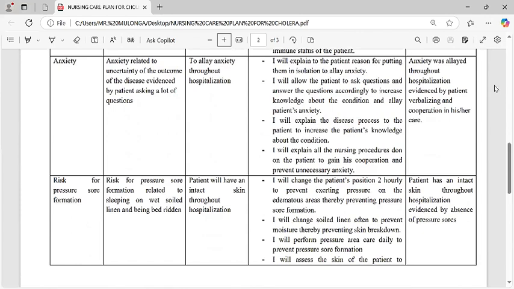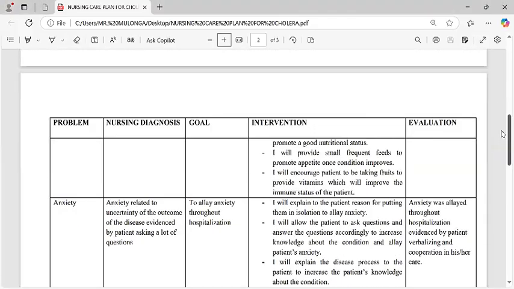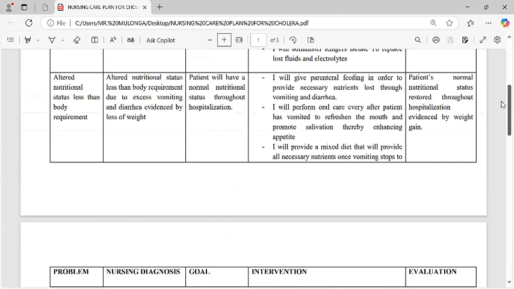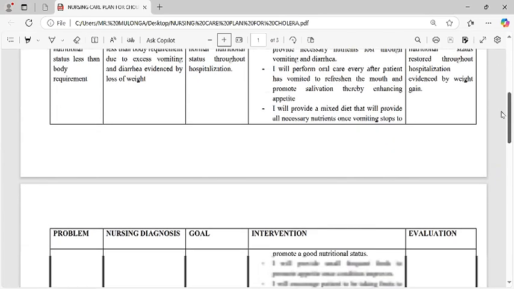So that is our other point. Any questions so far? If you have any questions, you can just ask in the comment section. So that is our evaluation: patient's normal nutritional status restored throughout hospitalization, evidenced by weight gain.